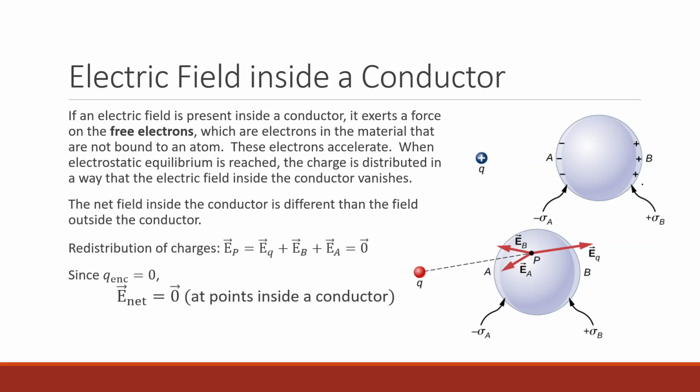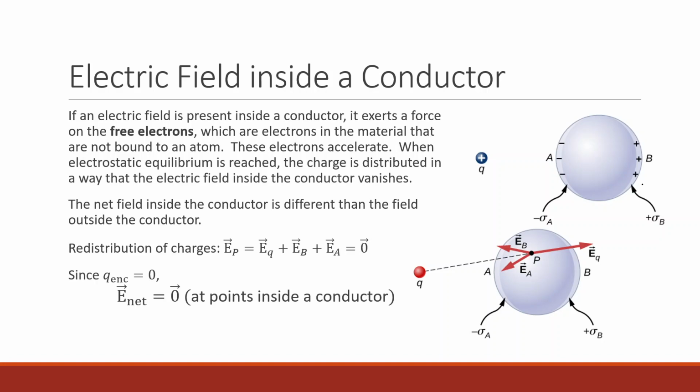Okay, so if an electric field is present inside a conductor, it exerts a force on the free electrons, which are electrons in the material that are not bound to an atom. We talked about this last time, just a bit about free electrons. So these electrons do accelerate, and when electrostatic equilibrium is reached, the charge is distributed in a way that the electric field inside the conductor vanishes.